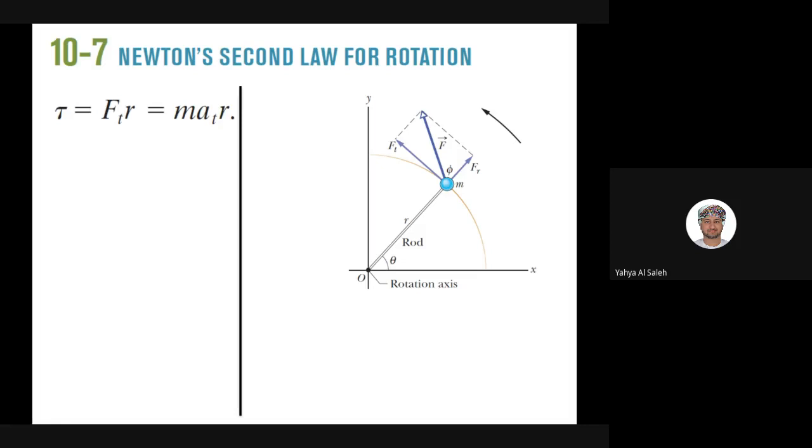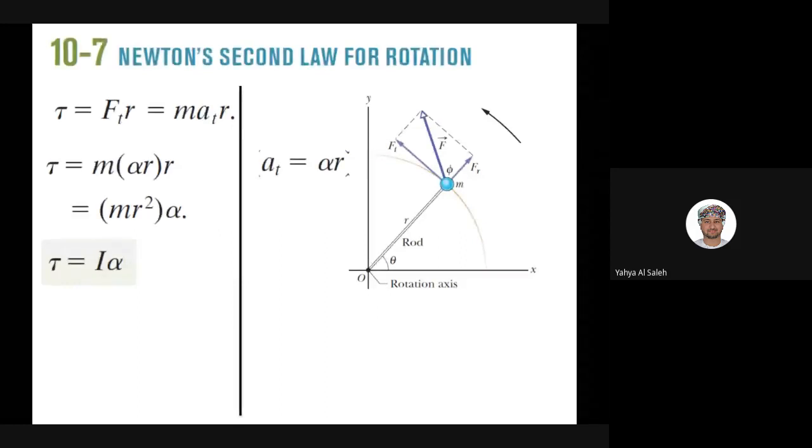Now, we have already defined torque as r cross F, or otherwise known as F tangential times r. And as we know that tangential acceleration is equal to alpha r, we can substitute that, and we end up with torque equals m r squared alpha. Now, m r squared we have defined beforehand to be our moment of inertia.